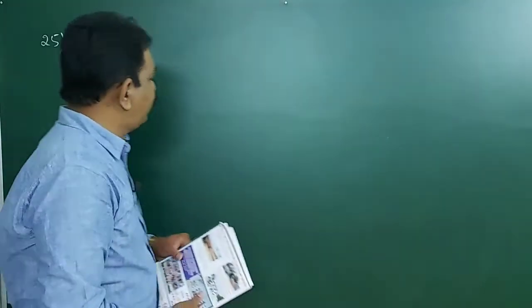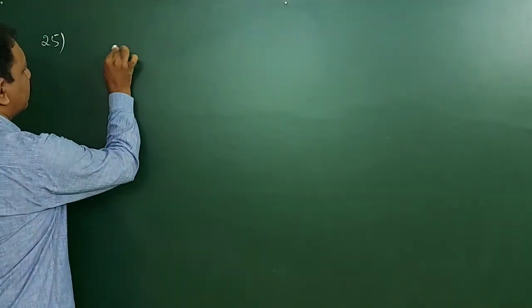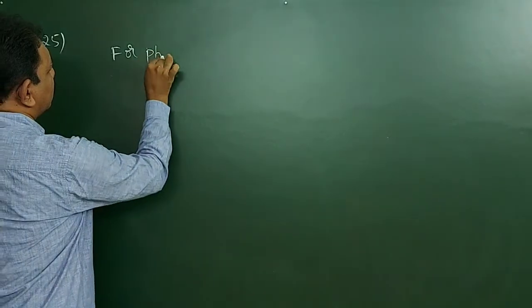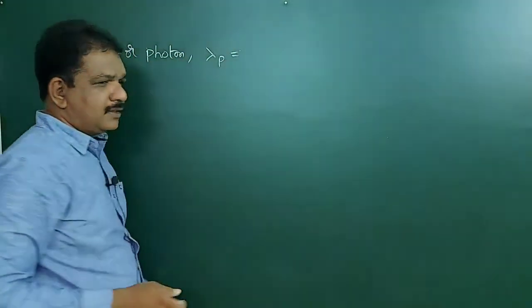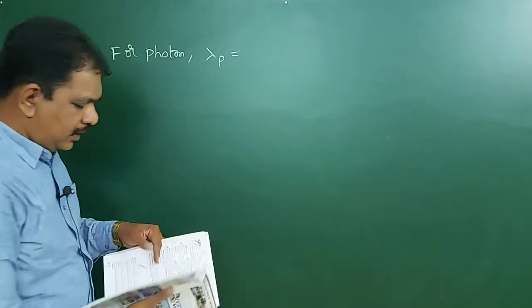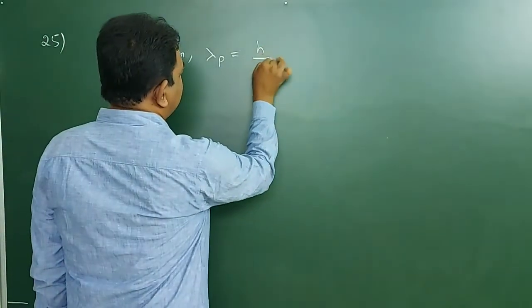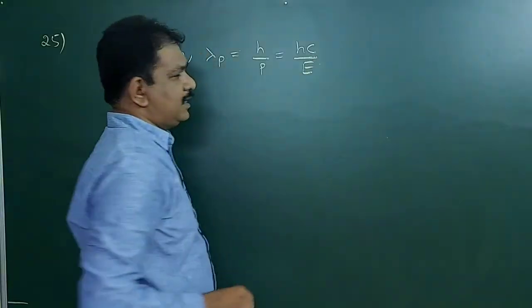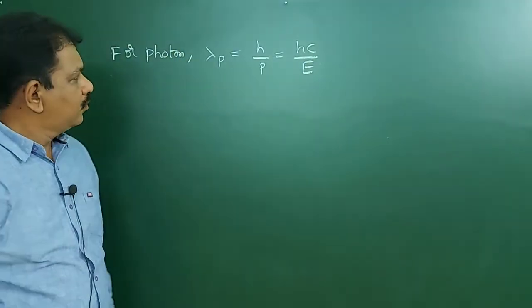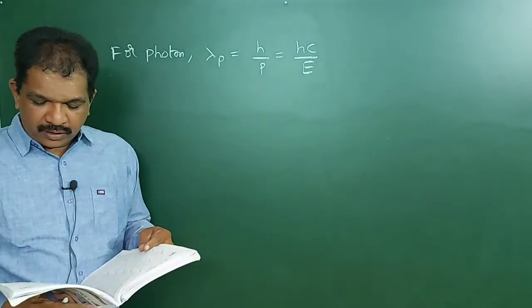If you write for the photon, lambda P is equal to h by p. We can write it as hc by E. Okay, that is for the photon.